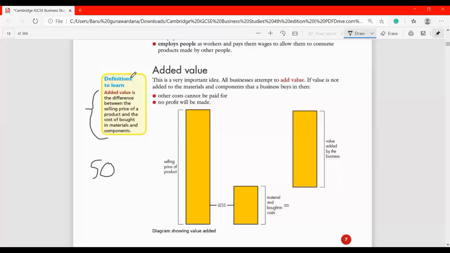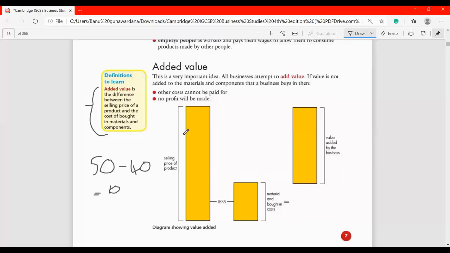As the definition implies, it is the difference between selling price and the cost of bought-in materials. So 50 minus $40 will be the added value of the milk carton, which is $10.